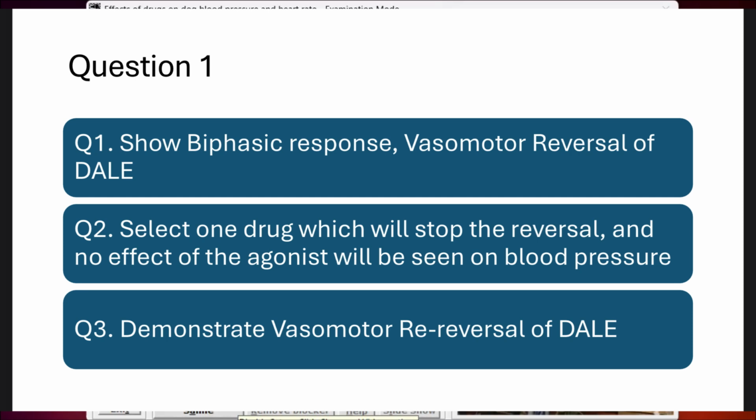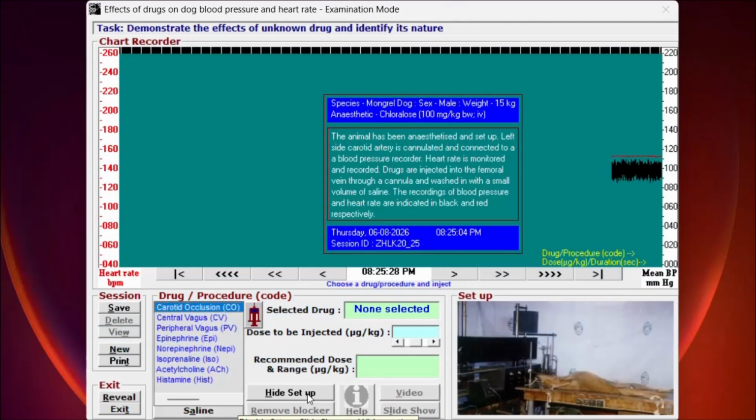The third part of this question is, demonstrate vasomotor re-reversal of Dale. So for this we will have to do two times. For the first two parts we are going to do it in one slide, and for the third part we are going to select a new slide and perform it there. Okay, so let's see what the steps are.